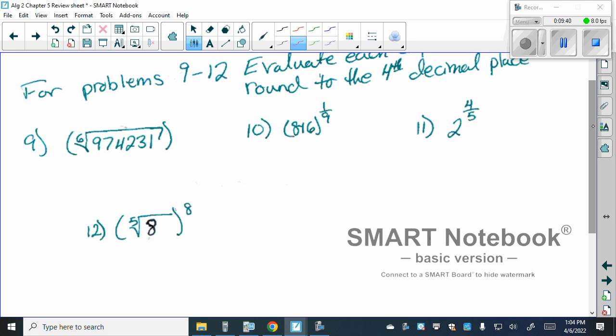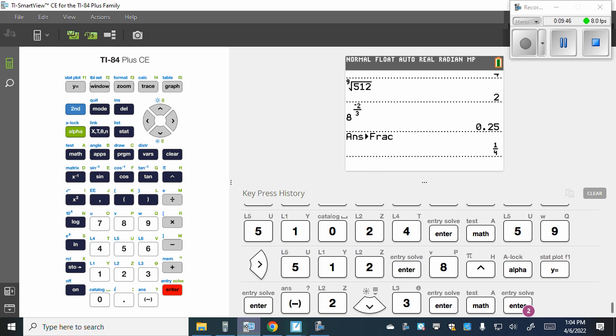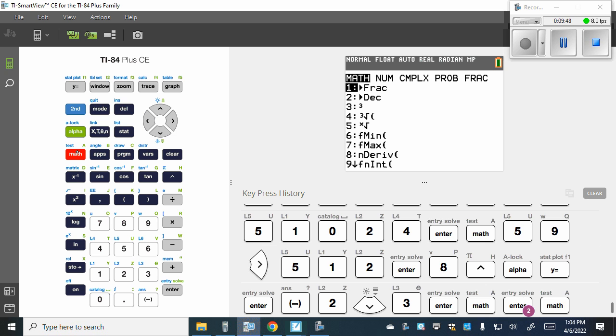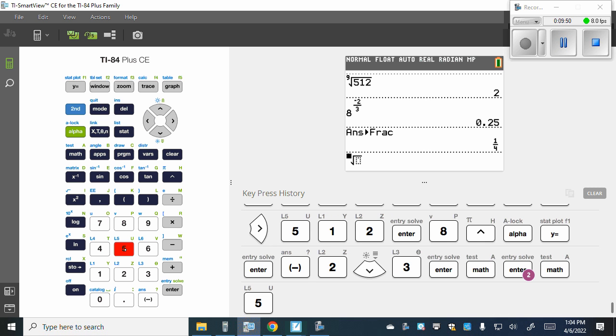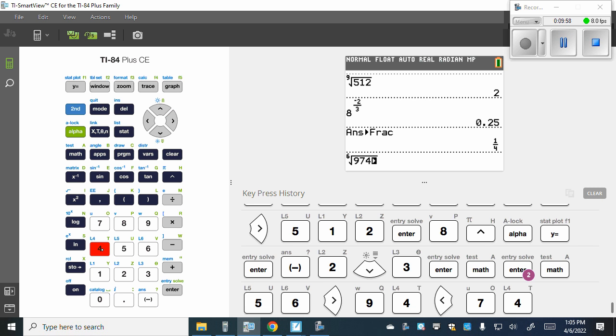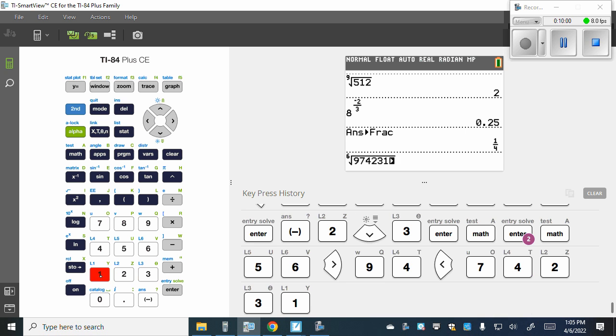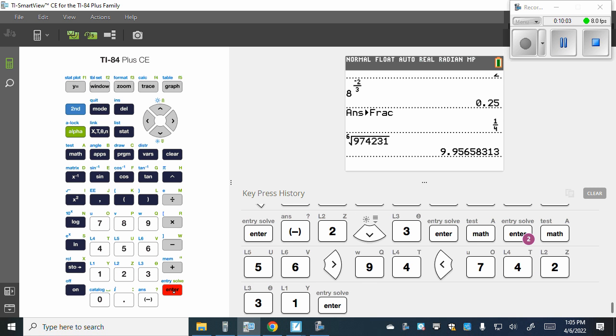So we're looking at the 6th root of 974,231. We can hit math and then scroll down to our extra root, number 5, and say we want the 6th root of 974,231 and hit enter.